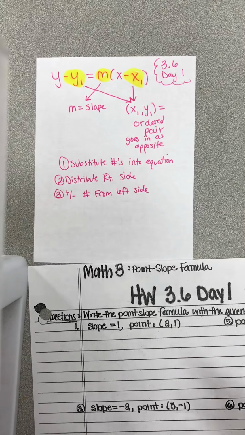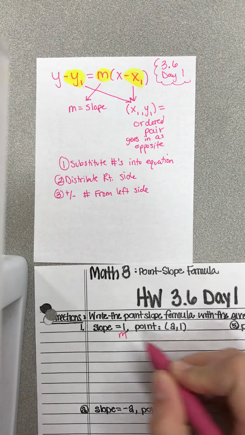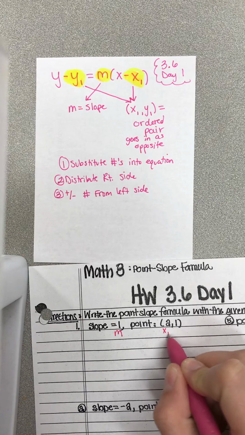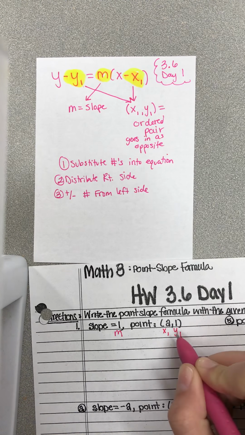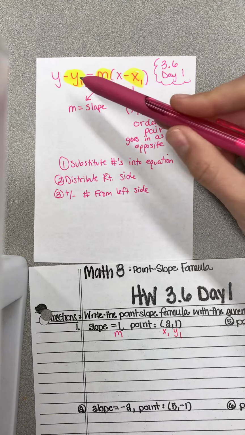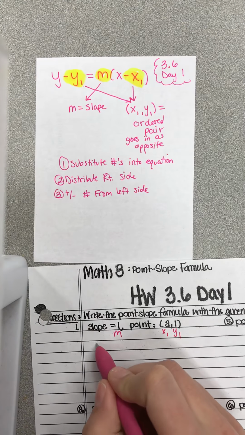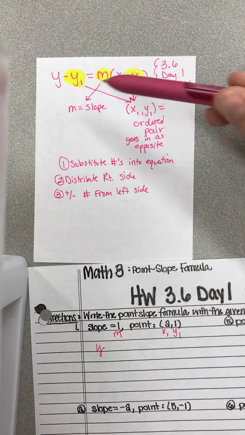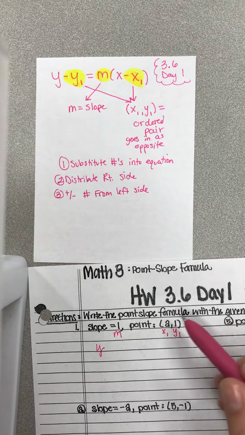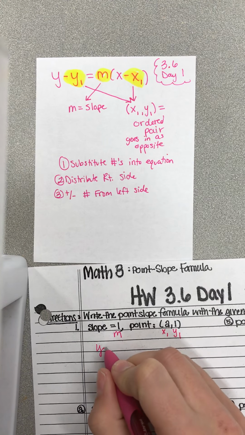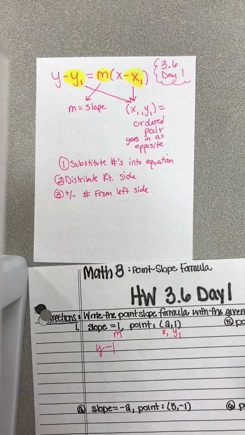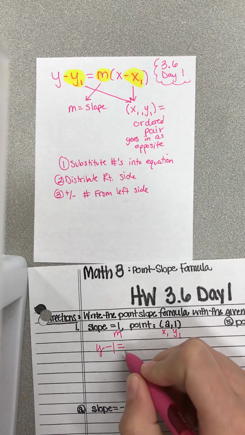Example 1 gives me my slope, which is my m, and it gives me my point, which is my x1, y1. If I plug my values into the formula, the y is part of the formula that stays there. My y1, which is a positive 1, goes into the equation as the opposite, so that would be a negative 1. You drop down the equal sign.